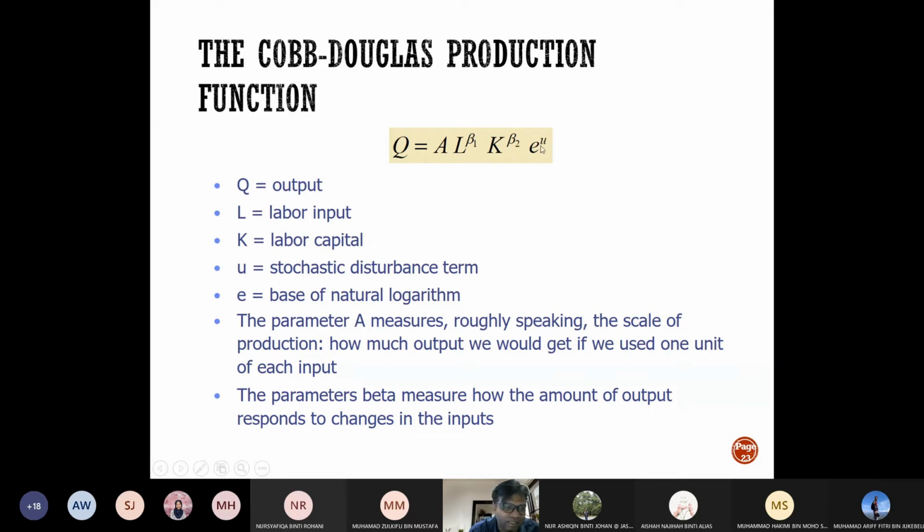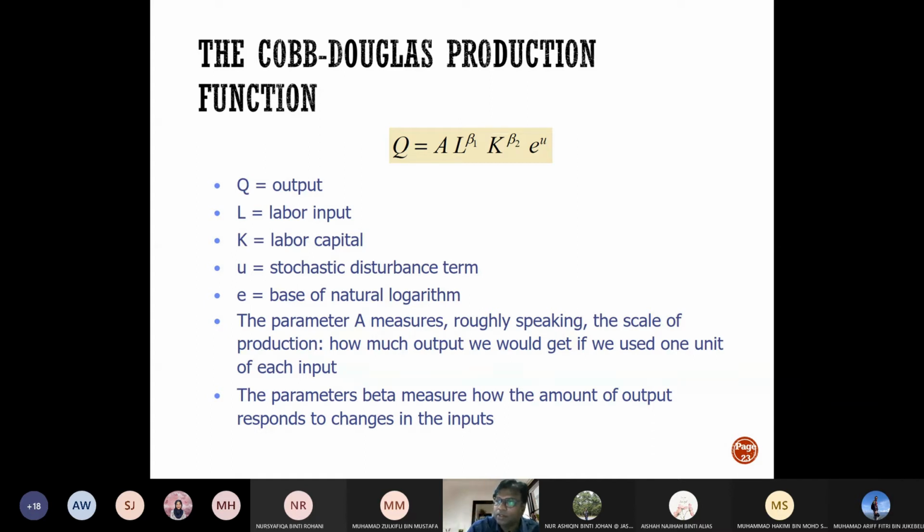U is a stochastic disturbance term. It's not in your syllabus. This term is purposely included in the Cobb-Douglas equation because the stochastic disturbance is one of the elements that make changes in the production function in econometrics. For your level you're not going to use it anyway, so don't worry about that.